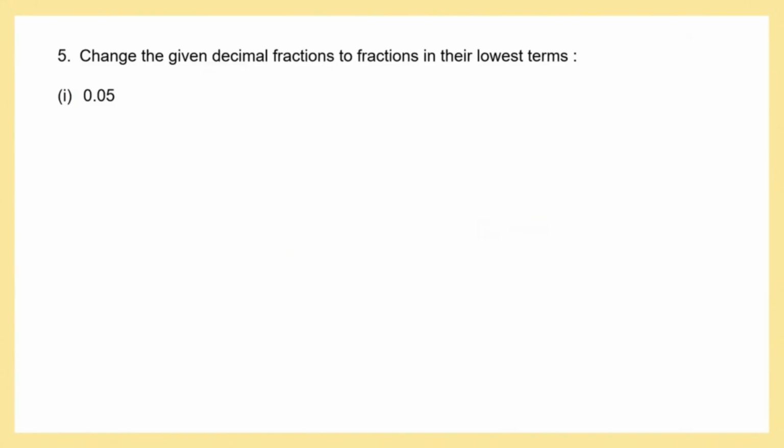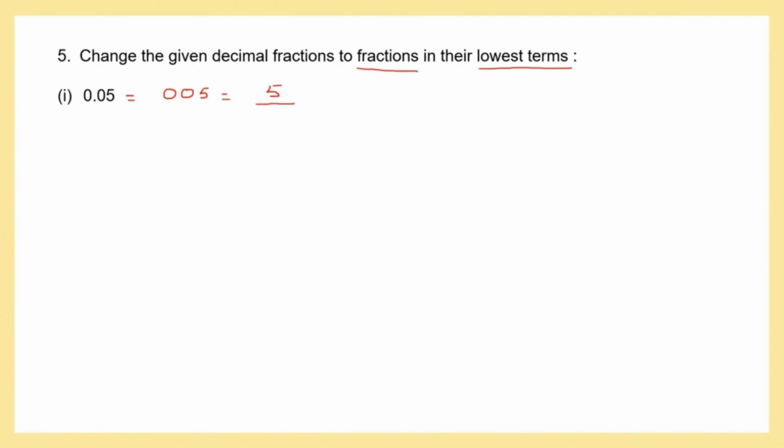Next question. Change the given decimal fractions to fractions in their lowest terms. So there are two parts here. First I change this to a fraction and then I convert it to the lowest term. When you're changing a decimal fraction to a fraction, ignore the point and write it down. So 005, which is simply 5. We have to make it a fraction, so I need to give it a denominator.